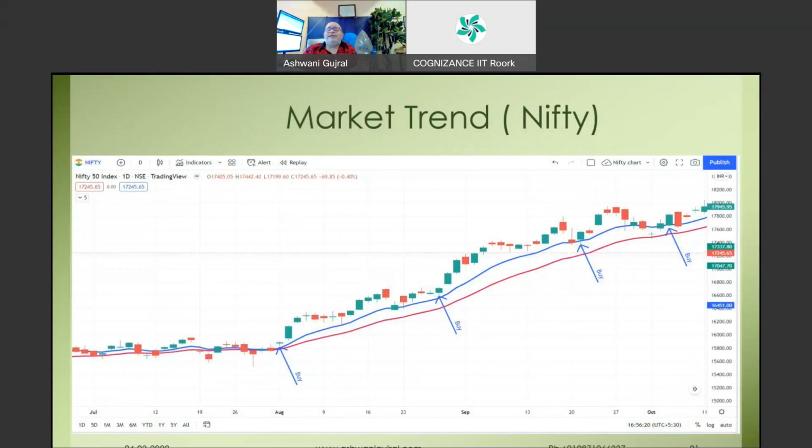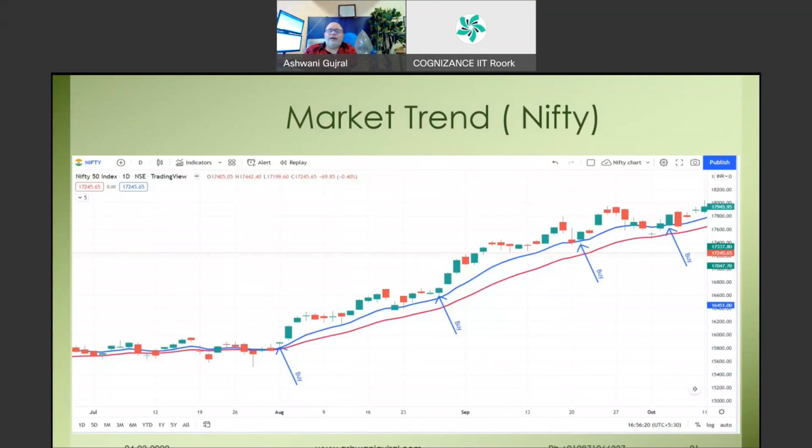Now this is the Nifty chart. As you can see here, it is continuously making higher lows and higher highs. This is called a trending chart. If you look at it from the doorway, it's clear that this chart is trending.